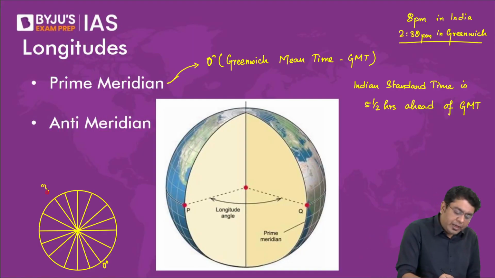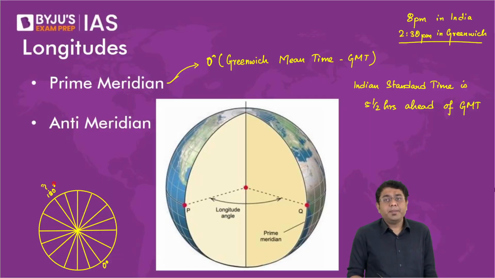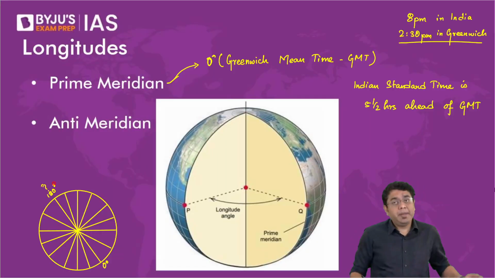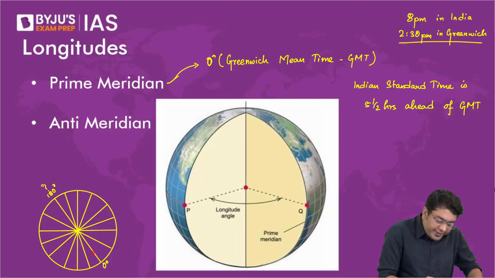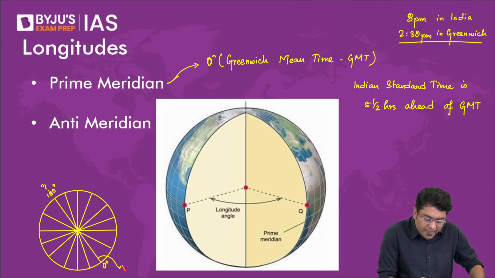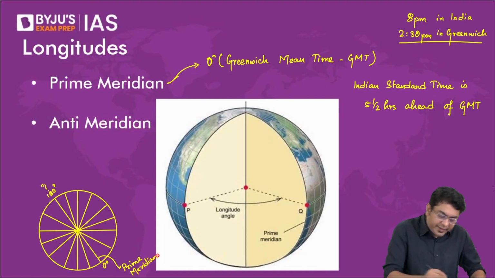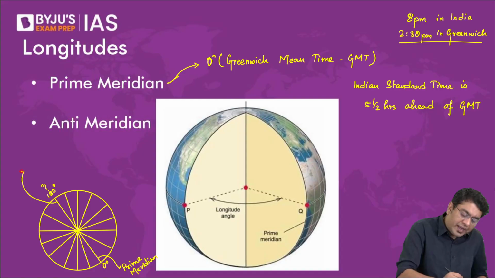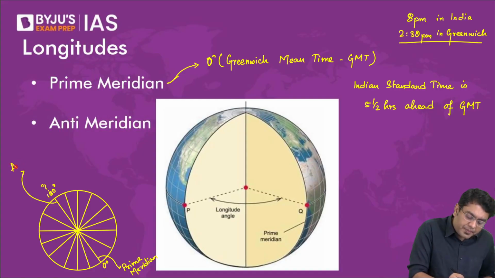So here this will be 180 degrees. This will be 0 degree, the other one will be 180 degree. So this is your prime meridian. The one exactly opposite to it is also referred to as the anti-meridian.